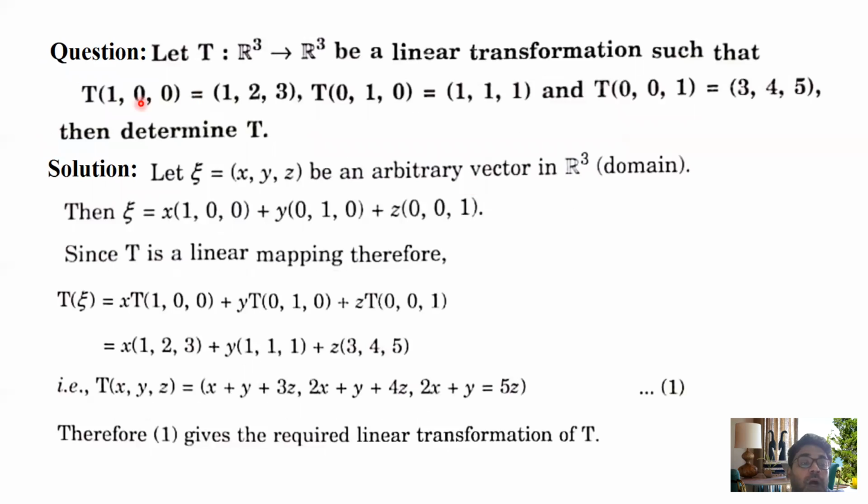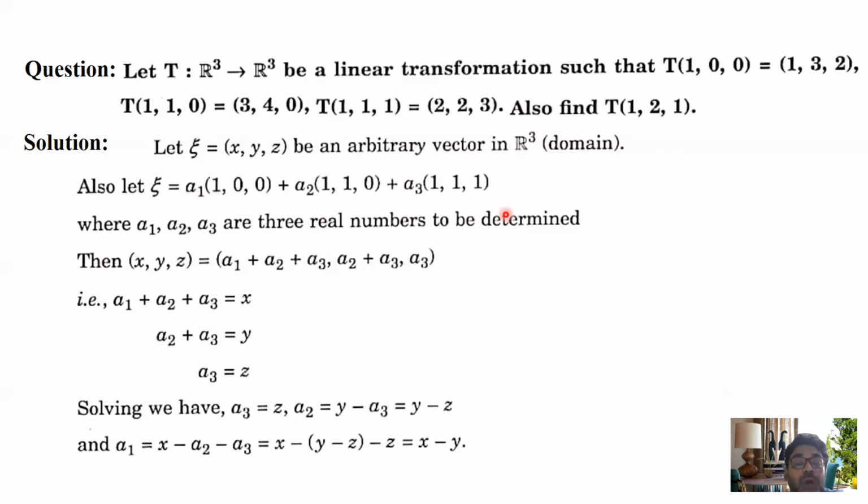If you have (1,0,0), (0,1,0), (0,0,1), you can express your (x,y,z) in terms of these. But here, for a1(1,0,0), there is no direct relation with x, y, z. So here we have to calculate the values of a1, a2 and a3. Clear? Very simple.